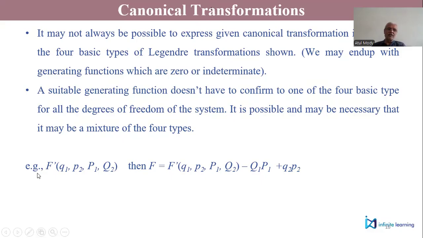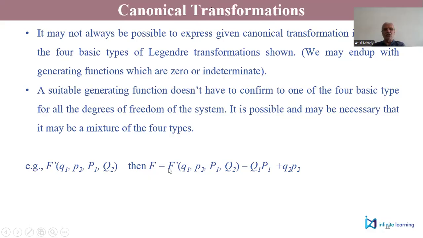For example, here you are given an example: q1, p2, and capital P1 and capital Q2. For the second degree of freedom it is old momentum and new coordinate, but for the first coordinate, it is old coordinate and new momentum.